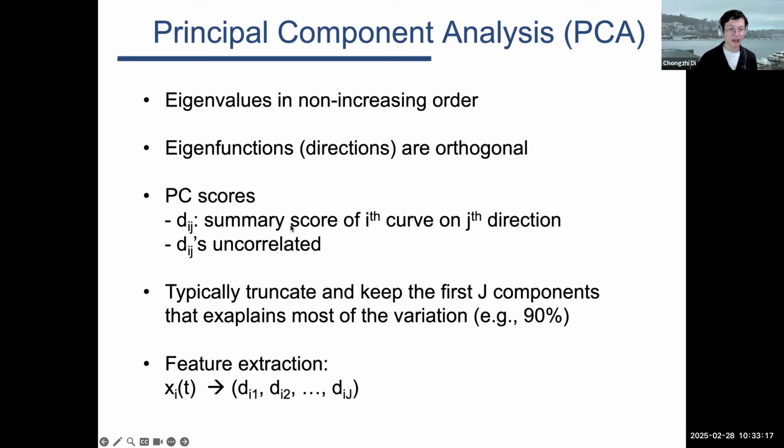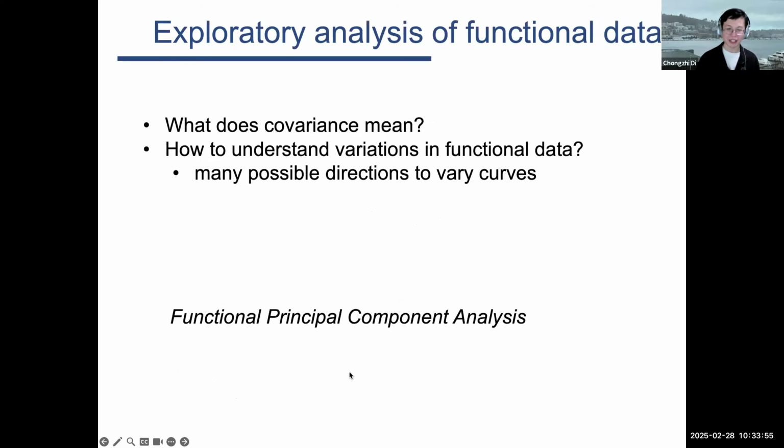The PC score, you can really think of as a summary score of the curve, or individual trajectory, on that direction. So from the original data, it's like x_i(t), a very dense trajectory. But from PCA, you reduce them to a finite number of PC scores, like d_i1 up to d_iJ, and each of them is a feature, right? So typically, we only need J to be relatively small.